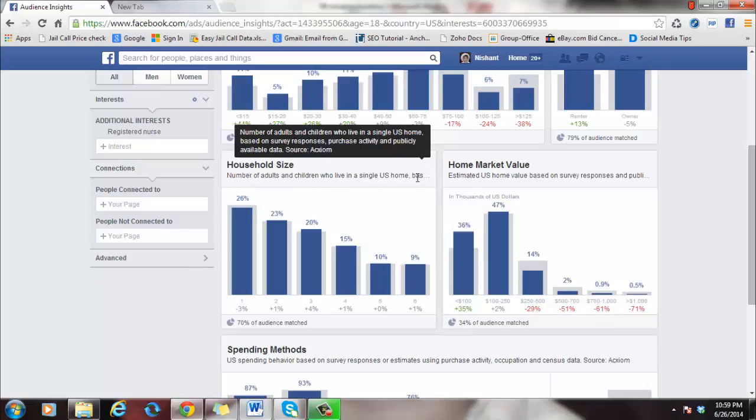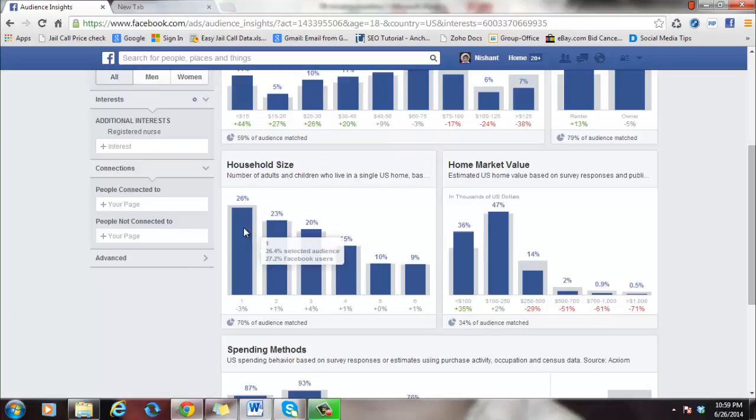Now if you come down, you would see the number of adults and children who live in a single US home. 26% of the people only have one person in their household, and 23% have only two people. That should tell you that these people have a comparatively higher disposable income because they don't have too many people in their household.